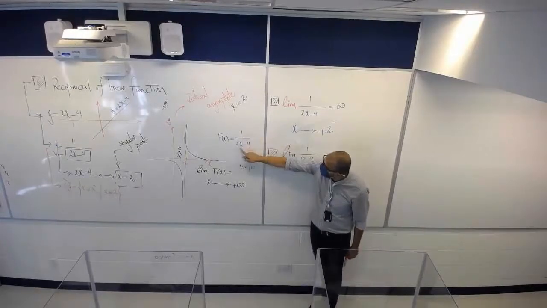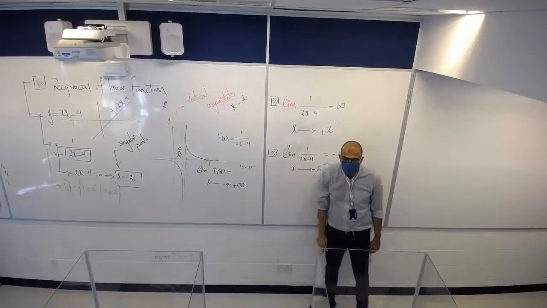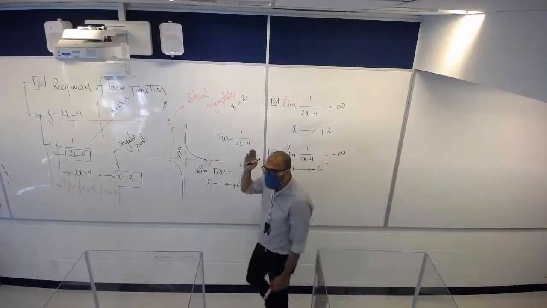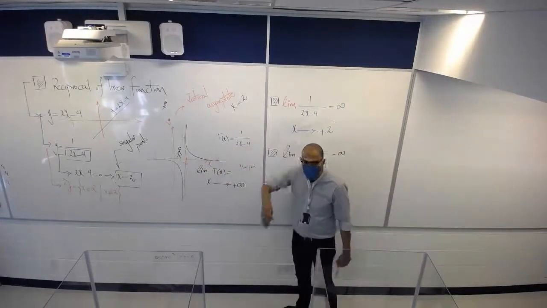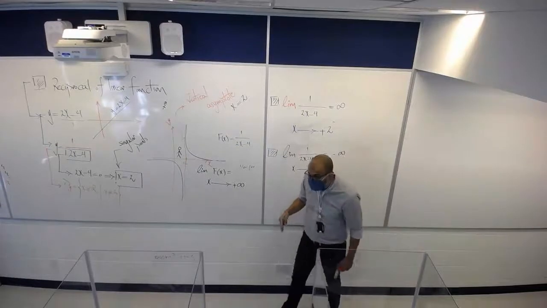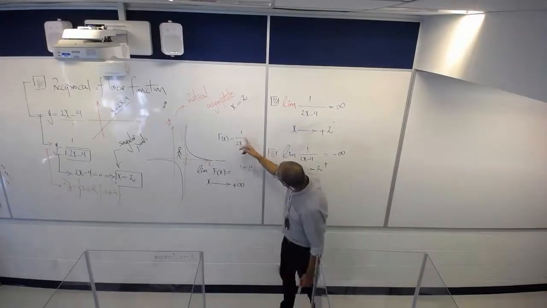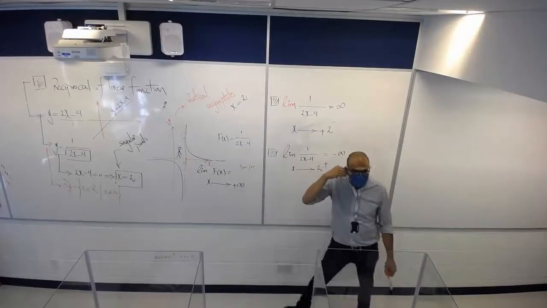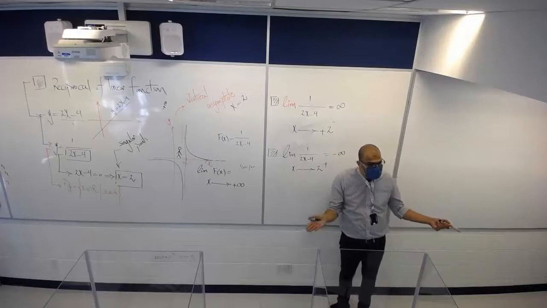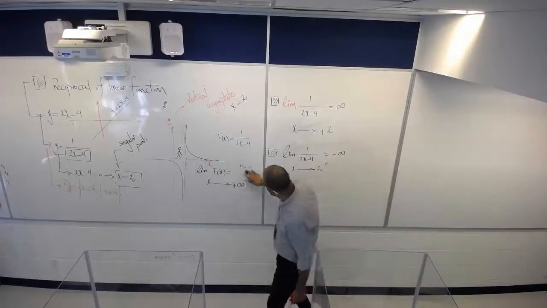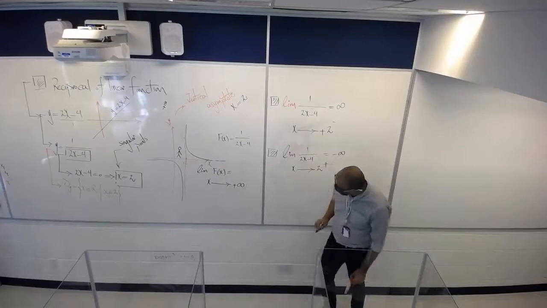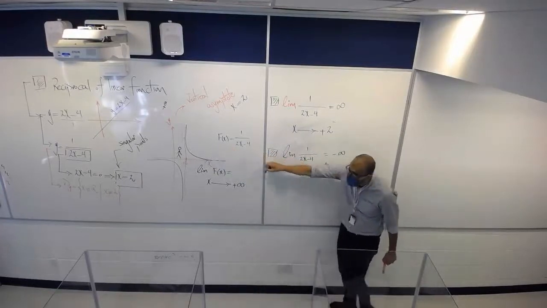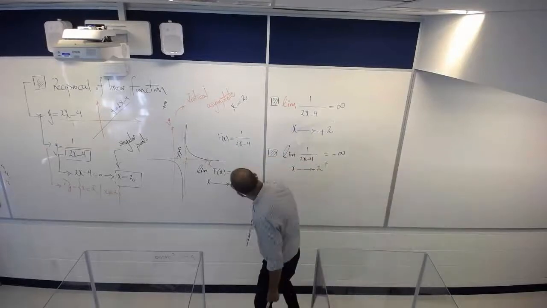You take 1 over 2 times 2 million minus 4. Very small, huh? If it becomes 3 million, then it gets even much smaller. 1 trillion: 1 over 2 times a trillion minus 4. Oh my God, it is incredibly small. Then we assume it's going to be 0 because it's so small. Then we say that the limit of the function, when x goes to infinity, meaning x is getting bigger and bigger, becomes 0.